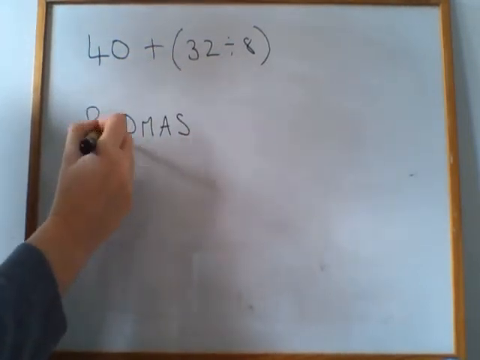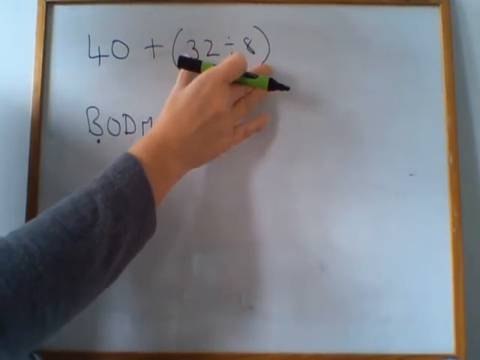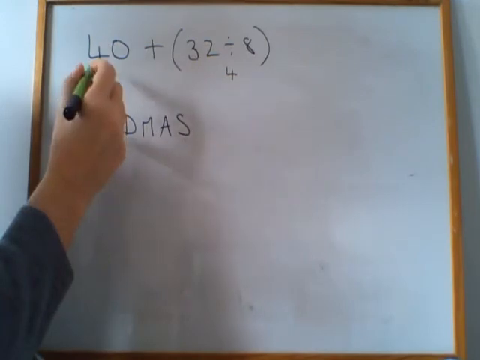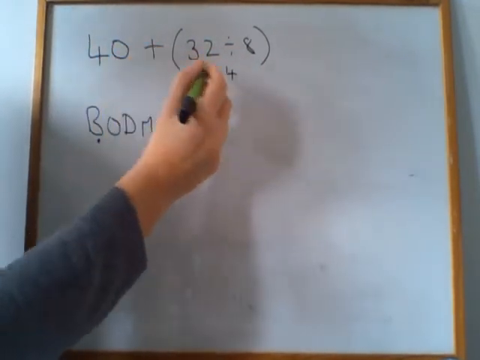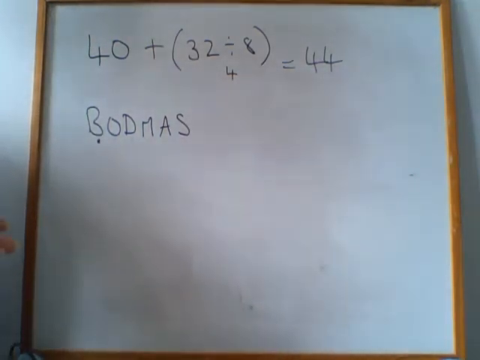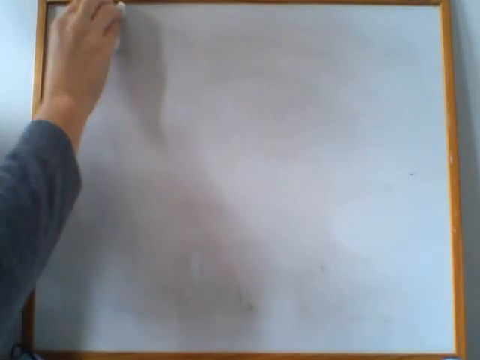Brackets is always going to go first. So whatever I do, I have to do this calculation first. So 32 divided by 8 is 4, and then I can do the rest of it. 40 plus 4, your answer would be 44. If you've got brackets, always do that first. That's the first bit of BODMAS. So wherever you see a bracket, that's the bit in the calculation that you start with first.